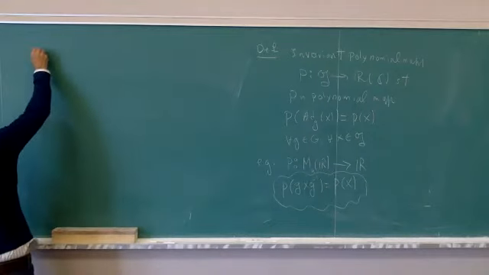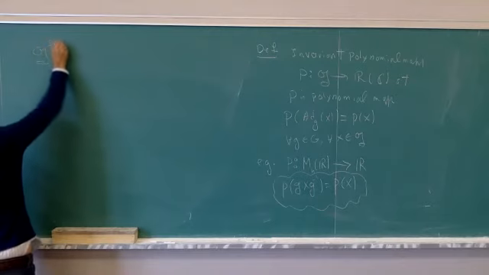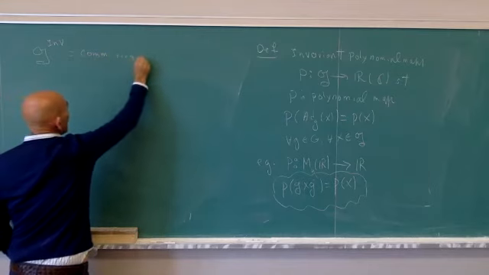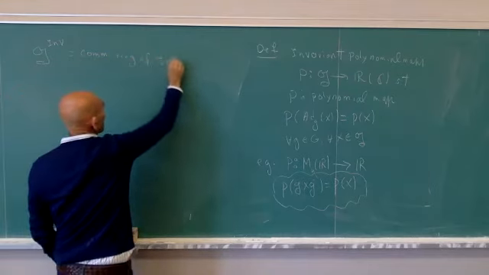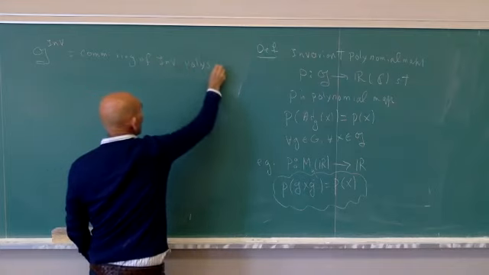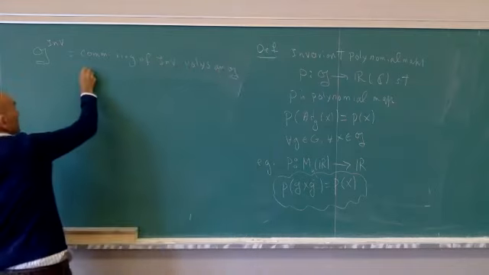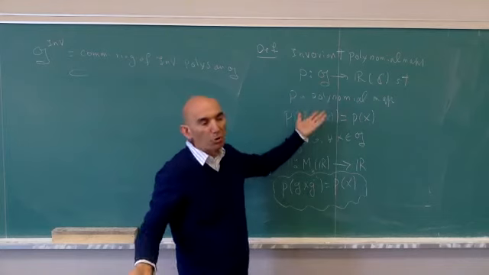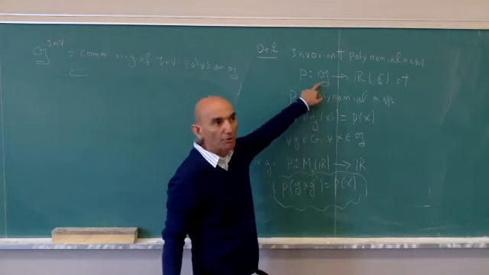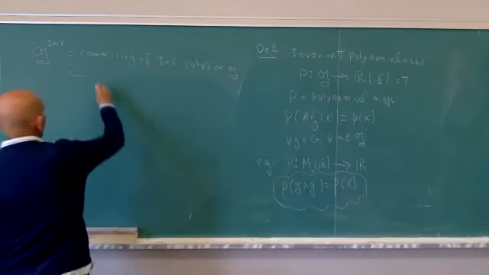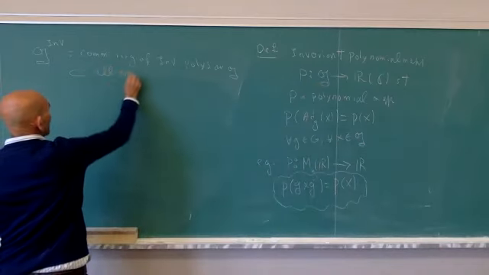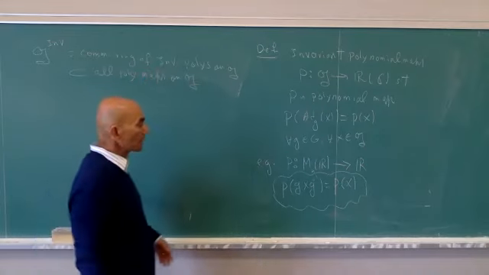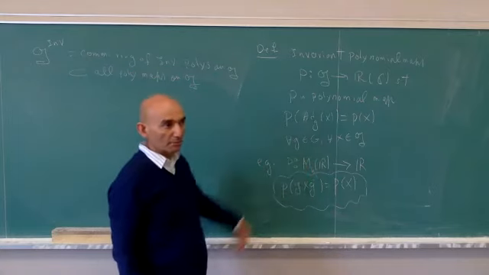This is the commutative ring of invariant polynomials on G. Of course this is a subring of the ring of all polynomial functions on G, which is polynomial functions in n variables where n is the dimension of G. So this is a subring of all polynomial maps on G. Now the first question is to classify this ring.